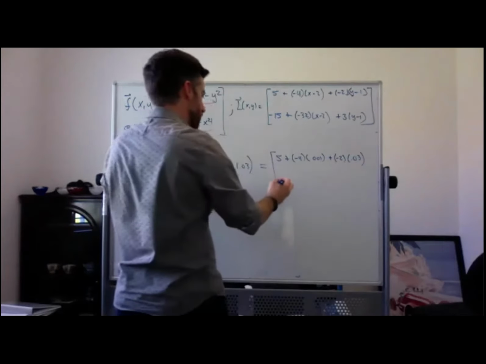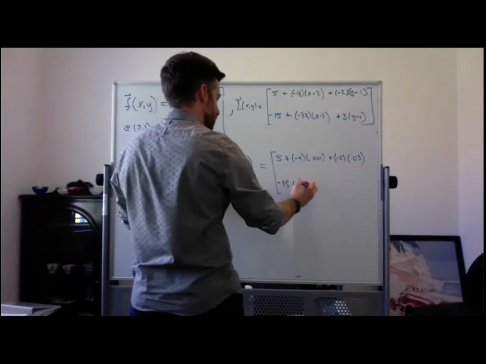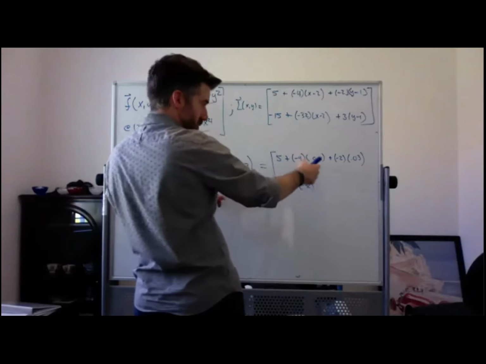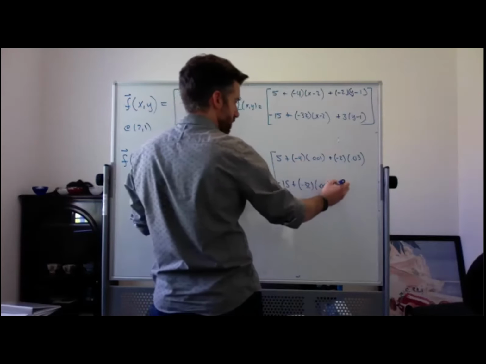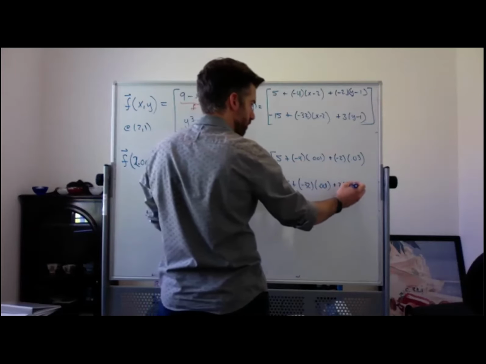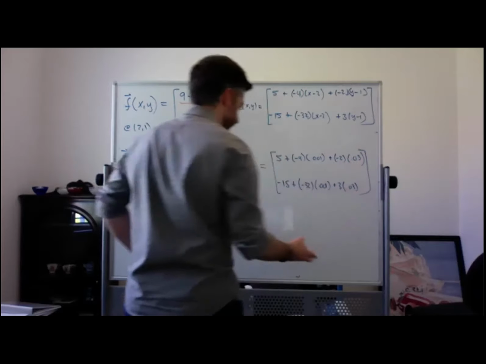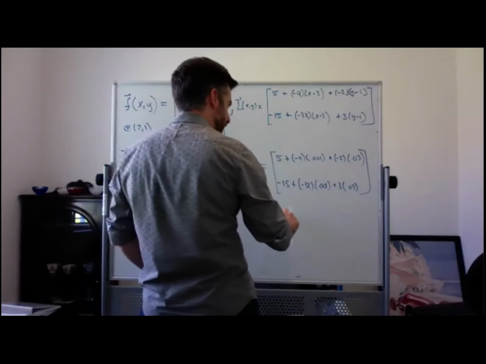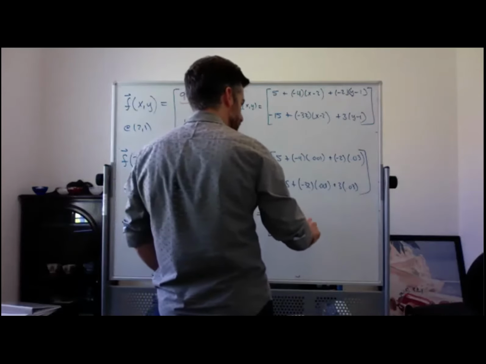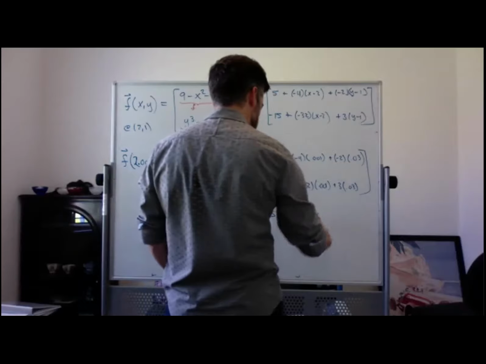Same deal down here. Negative 15 plus negative 32 times, it should be the same value there, 0.001, and then plus 3 times 0.03. And we can do the math there, right? It's going to be 5 minus 0.004 minus 0.06.